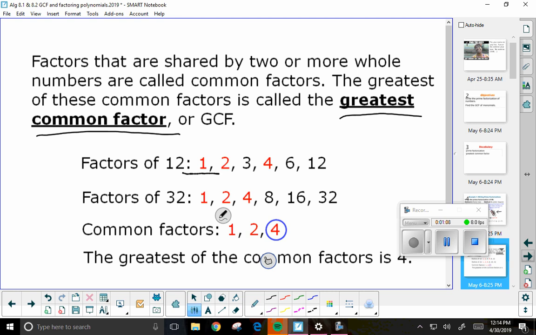So if I took all the factors of 12 and listed them out, they're 1, 2, 3, 4, 6, and 12. And the factors of 32 are 1, 2, 4, 8, 16, and 32. The greatest common factor is the biggest number that is in both of the lists.